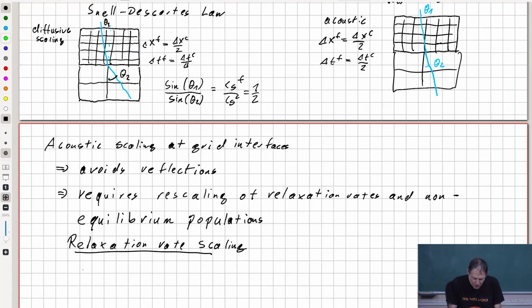So viscosity is supposed to be theta 1 over omega minus 1/2 times delta x squared divided by delta t.